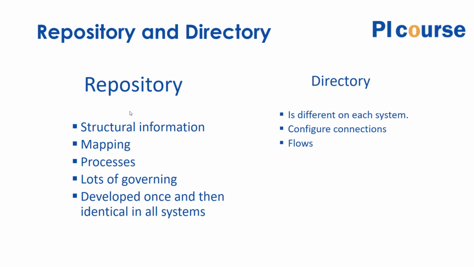Then we have processes around this. So at least in the old world, we had processes here that we could define. In NetWeaver BPM, you define them in NetWeaver Developer Studio. So there's a lot of governing taking place in here about making sure that we're using the correct naming of these objects, that they relate correctly and develop correctly.